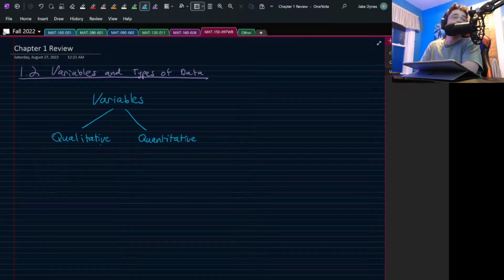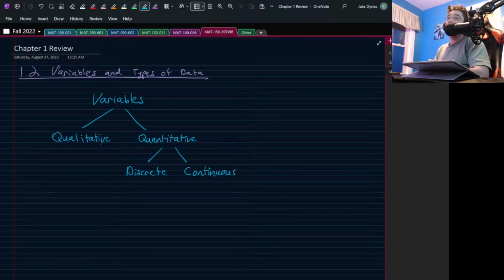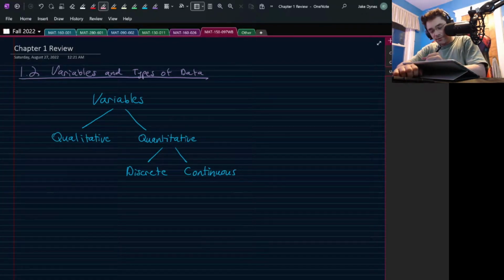And then quantitative variables can be further broken up into two portions, either discrete or continuous. So discrete variables, that means, well, first let me write a little note about qualitative. You want to think about some sort of quality that the variable has.